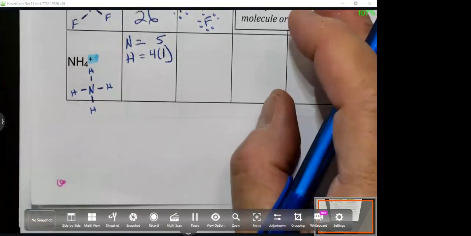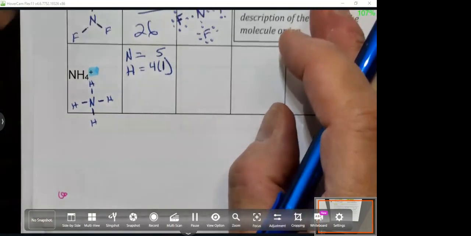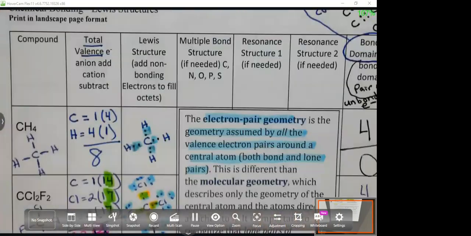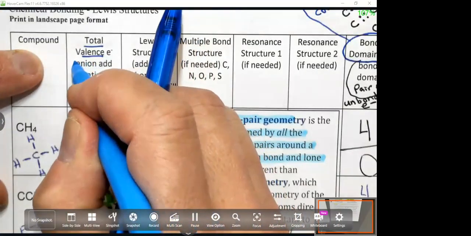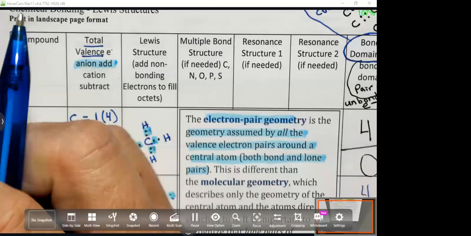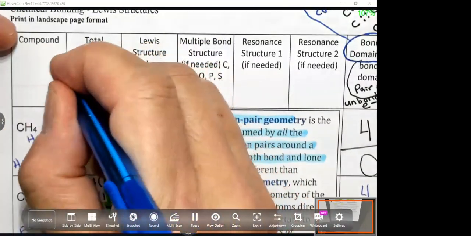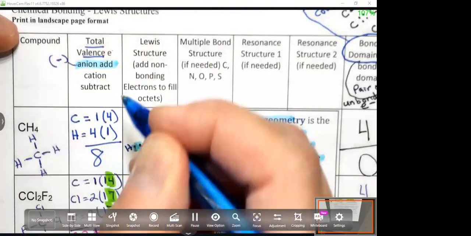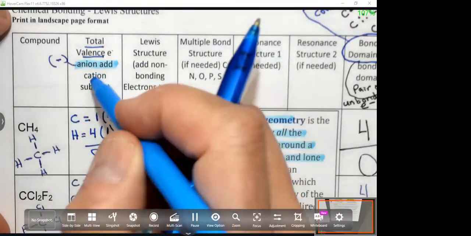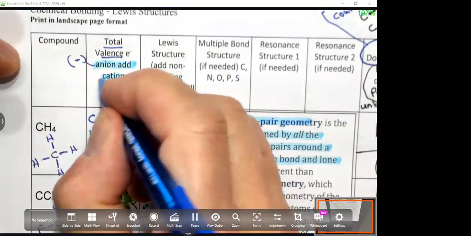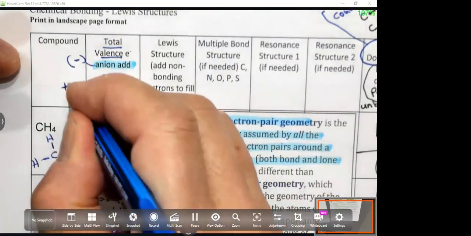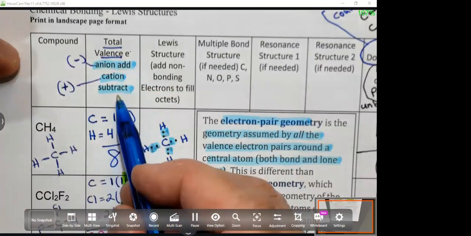Now, let's go up to the top. Add. If you have a negative ion, you add. You have a negative charge. If you have a cation, which is a positive ion, we need to subtract.